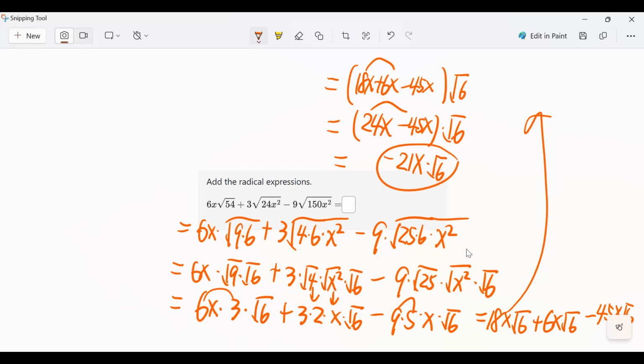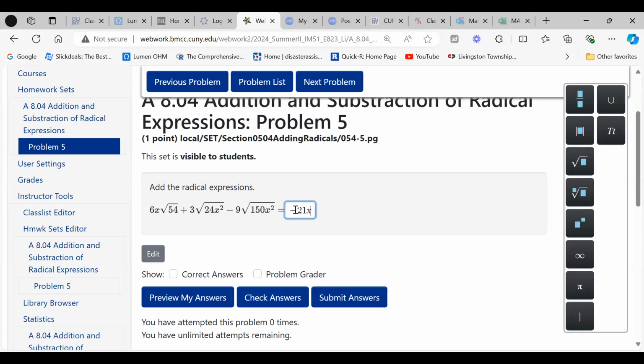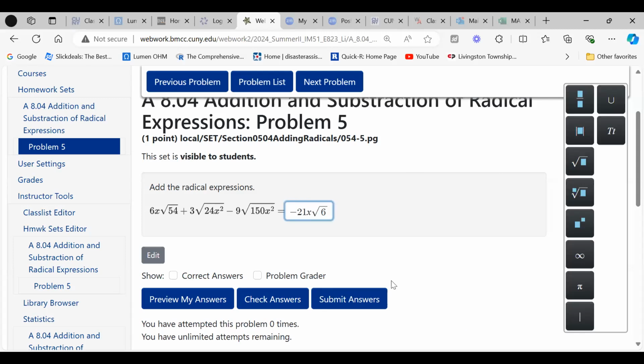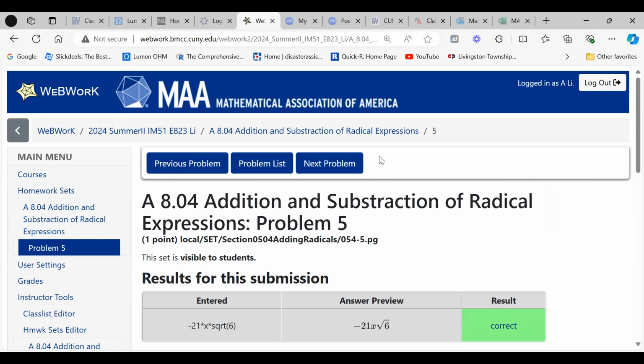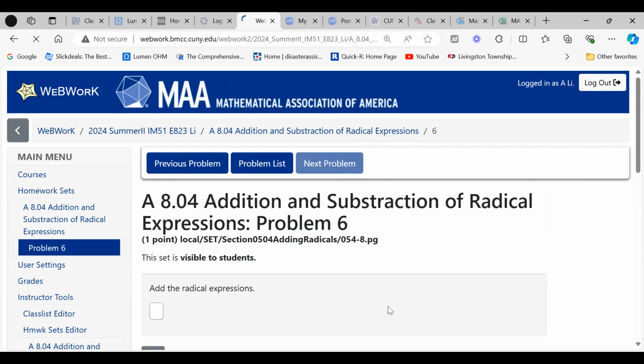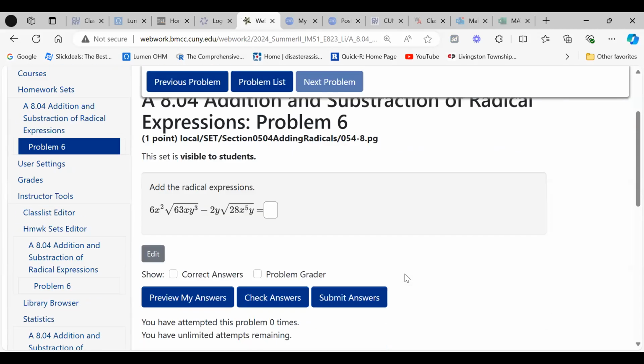So the answer is minus 21x radical 6. Any question about this? So let's look at question 6 here.